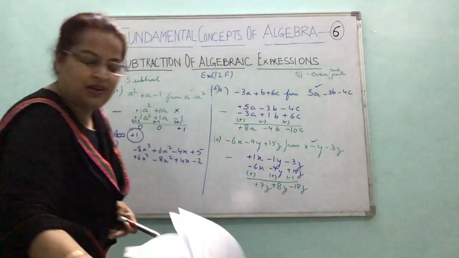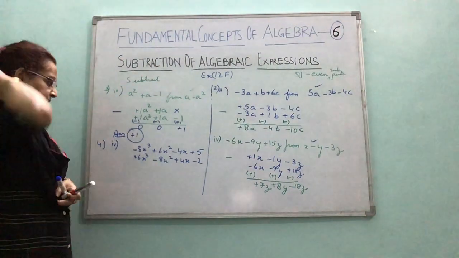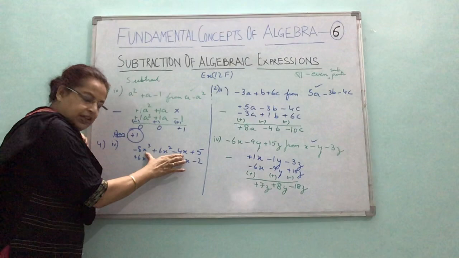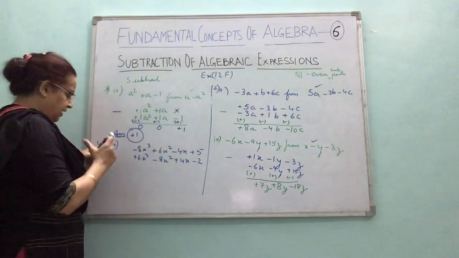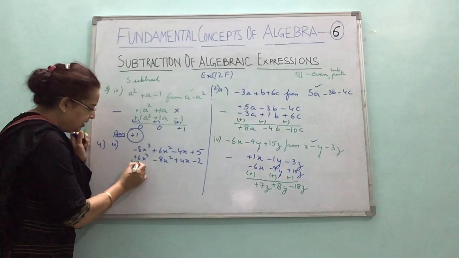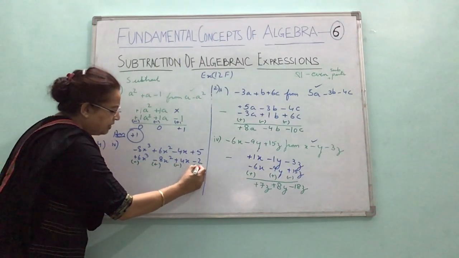So now I've copied the question directly, as space was less. So I've copied the expression from which I have to subtract and then the first expression. And I'll change the sign. This becomes negative, this becomes positive, negative, positive.